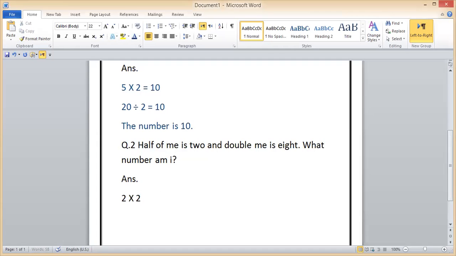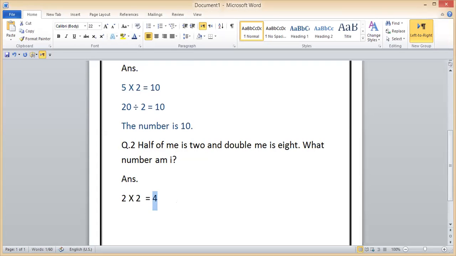2 by 2 equals to? Yes, Abdul Aziz. 2 by 2 equals to? Guys, 2 by 2 equals to? 2 plus 2, 4.